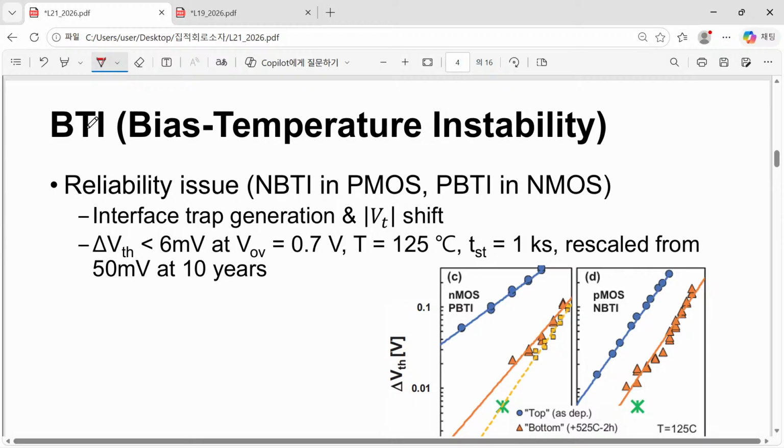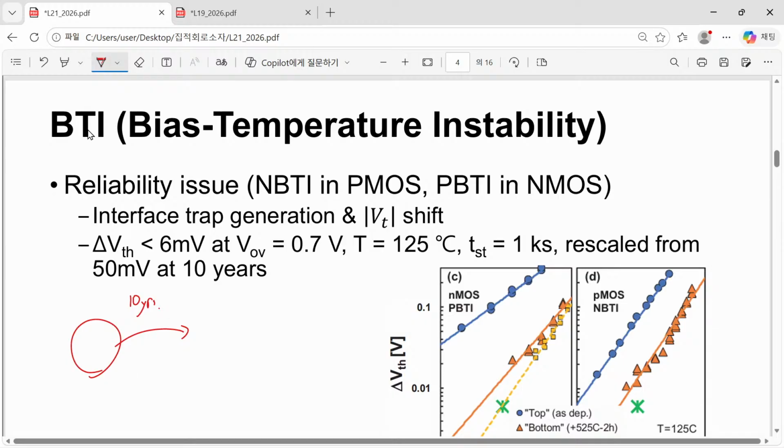That introduces a lot of problems to the company. So when we sell a certain chip, we have a guarantee not just for initial performance, but for its wearing characteristics. After 10 years, we should guarantee it is working.